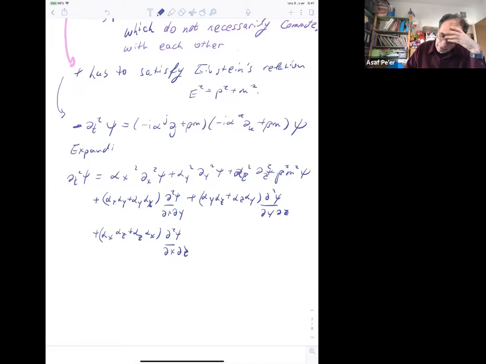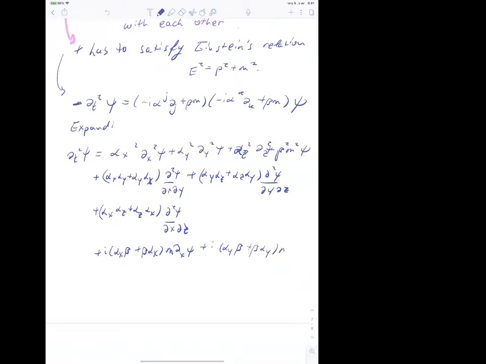Now I have the mixed term with the beta, so it will be plus i alpha x beta plus beta alpha x, m dx psi, plus i alpha y beta plus beta alpha y.